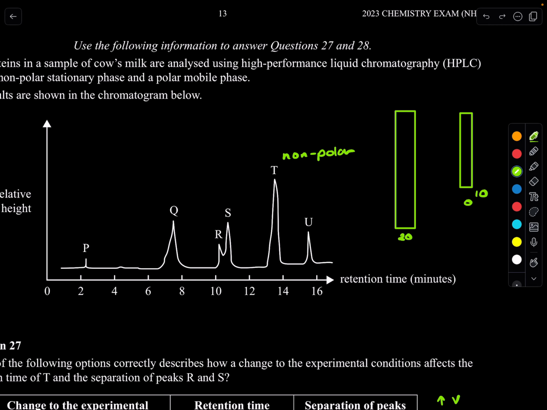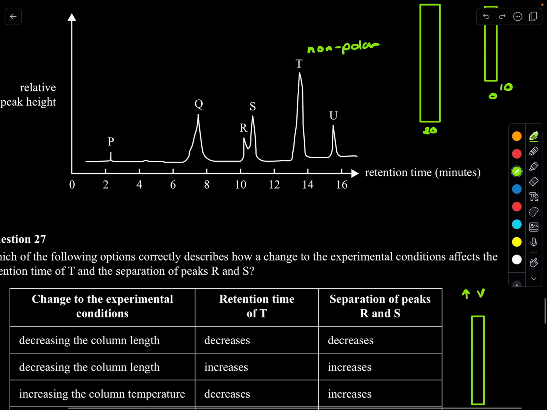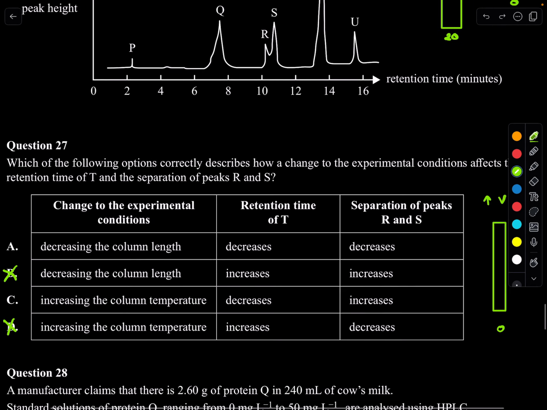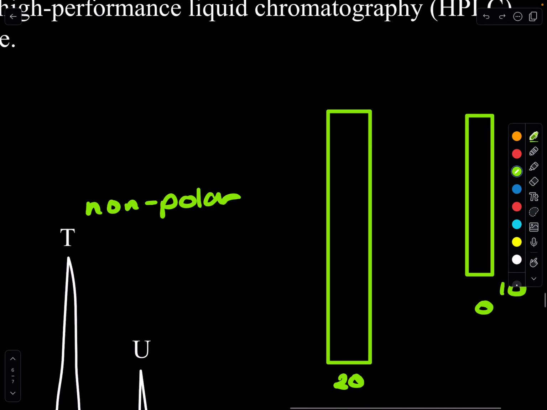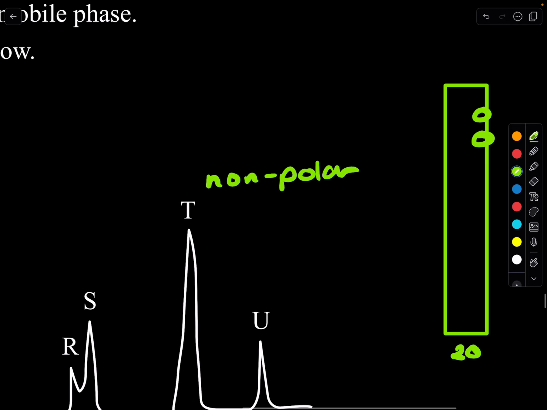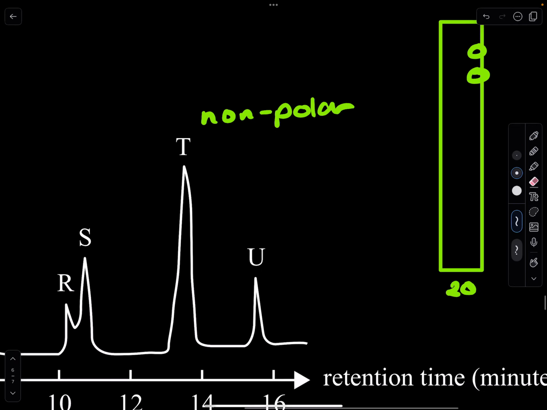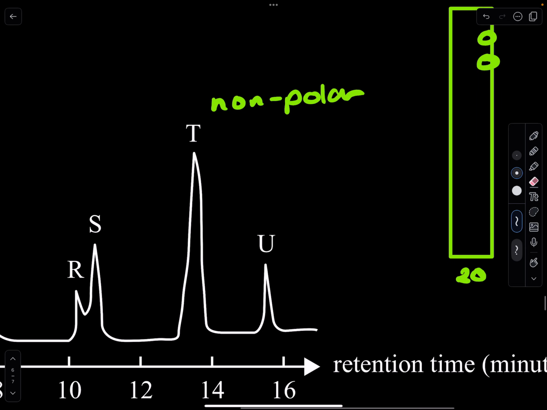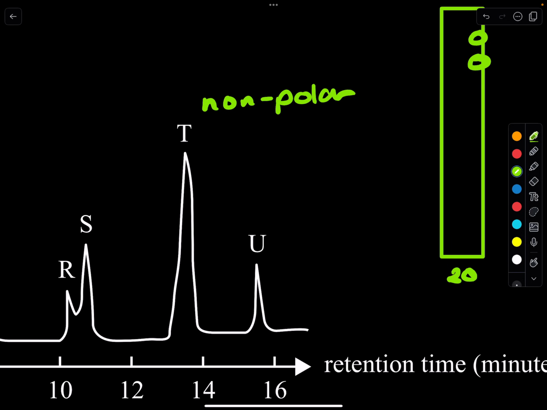Now let's have a look at what happens when you decrease the column length. If you have a very high column length, a large column length, this is good because say you have those two molecules, R and S. You can see that S is more bonded to the stationary phase because it has a higher retention time.